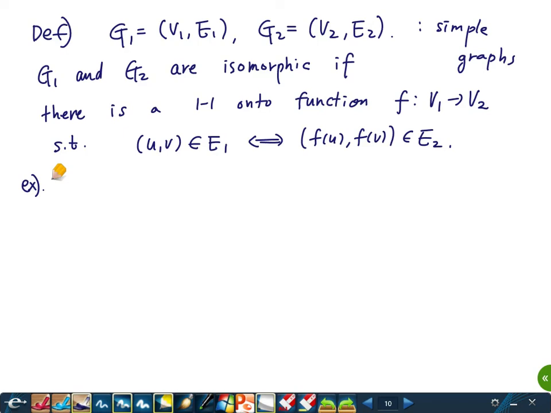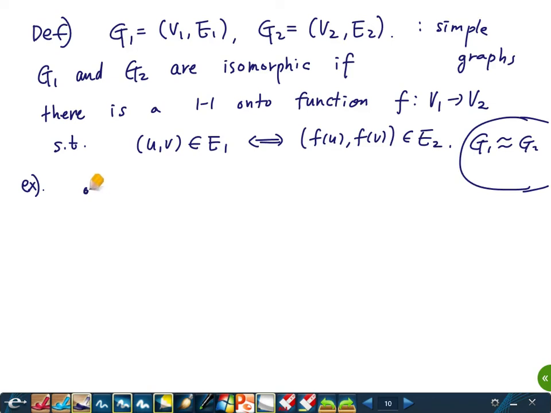If you think about this a little bit, you can see that if this happens, then they must look exactly the same. In this case we usually write G1 ≅ G2, where this symbol means isomorphic. They're not quite the same, but they look the same: isomorphic.